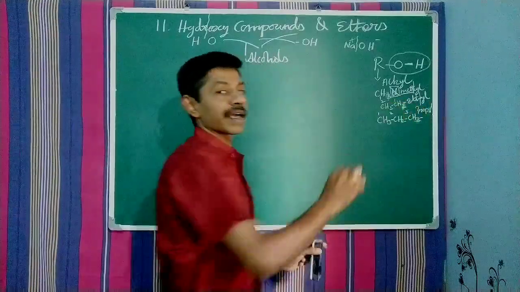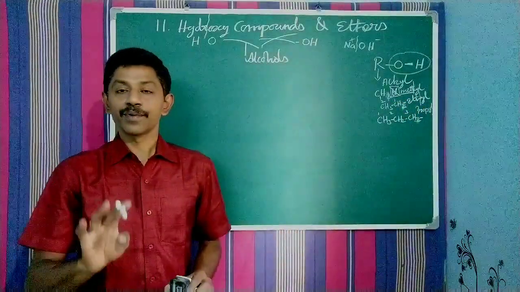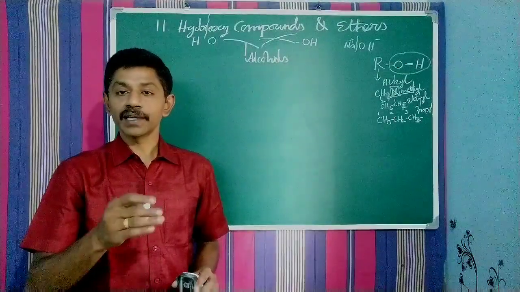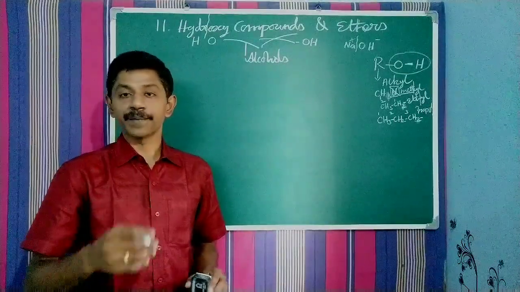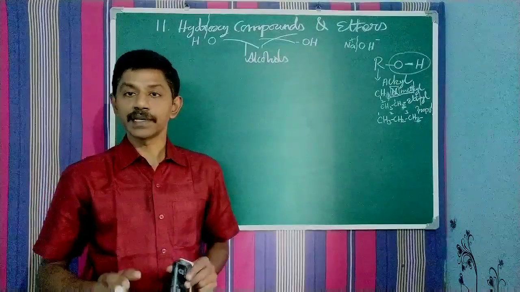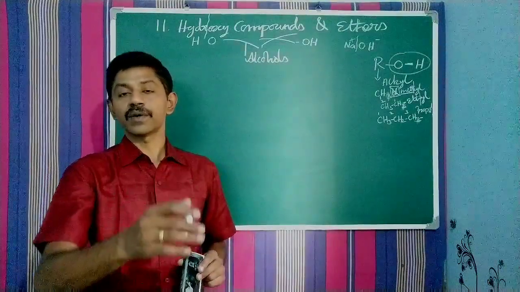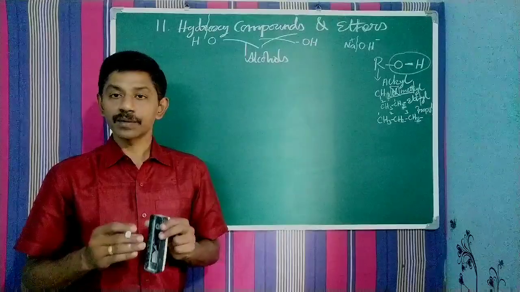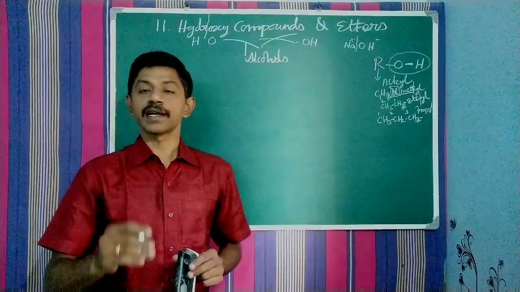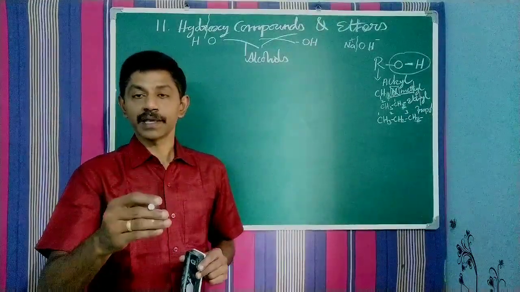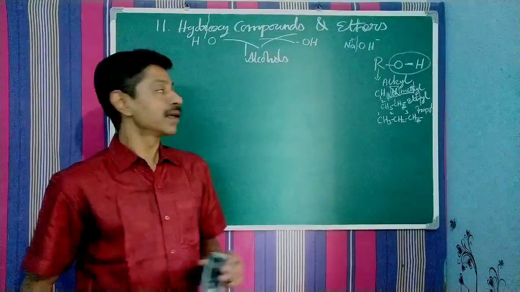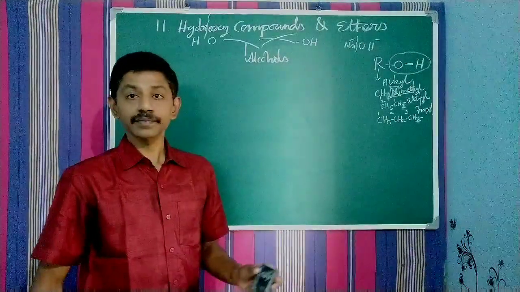So it is propyl. Similarly, 4 carbons, butane, remove 1 hydrogen, butyl. 5 carbons, pentane, remove another hydrogen, then it is called pentyl. 6 carbons, hexane, remove 1 hydrogen, add Yl, then you call it hexyl. Like that it goes on.